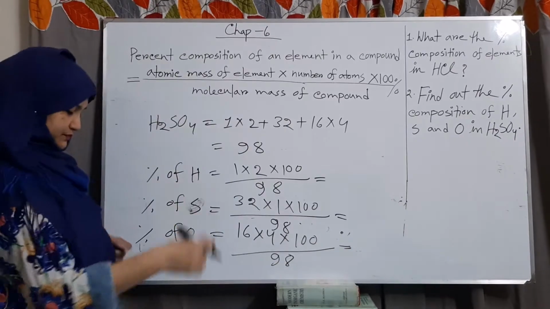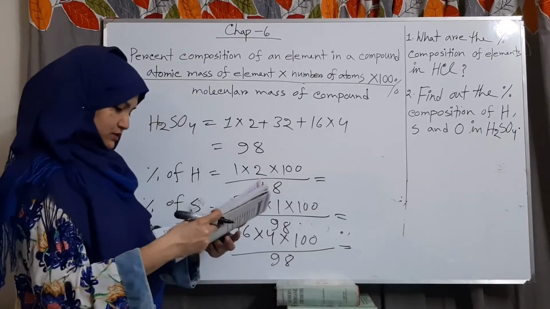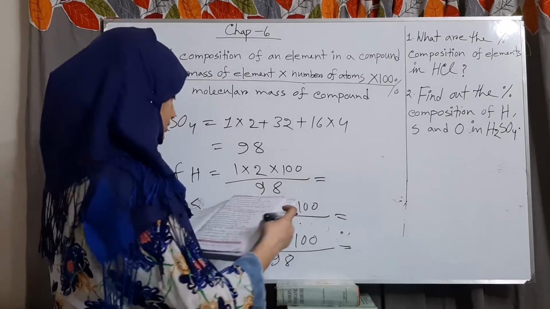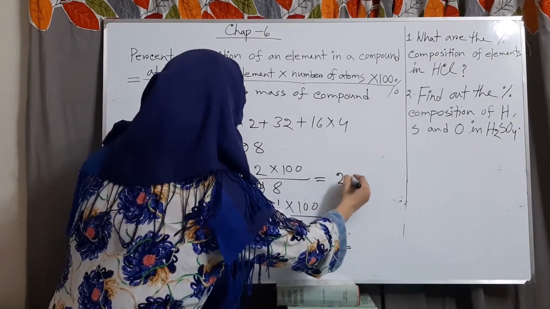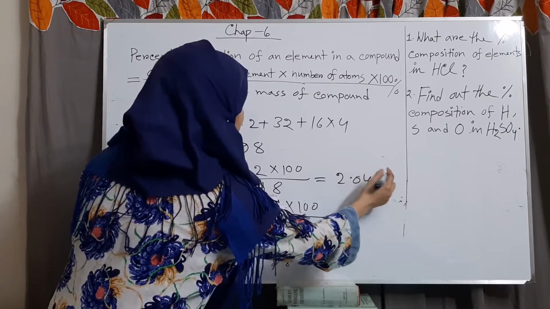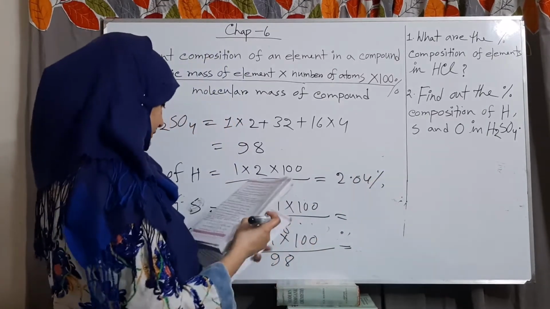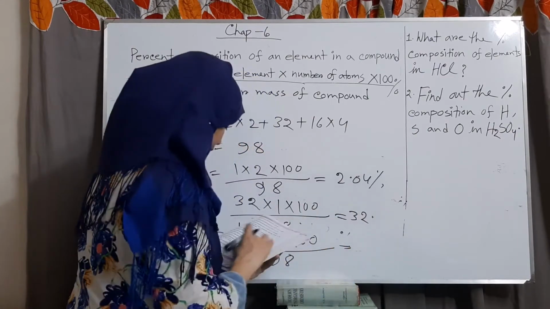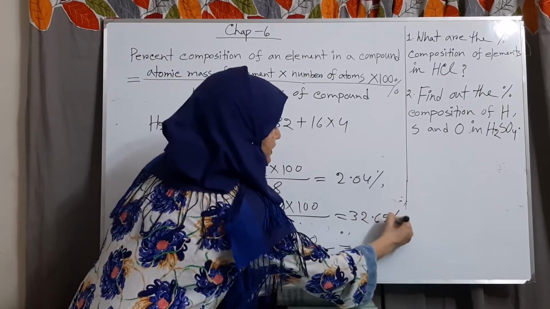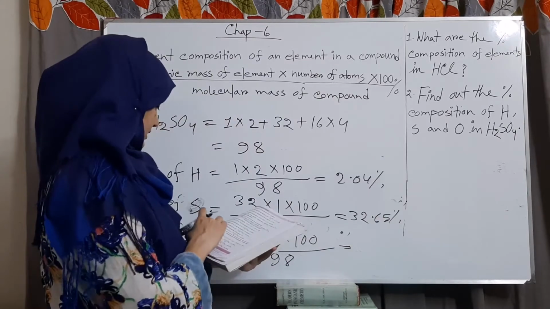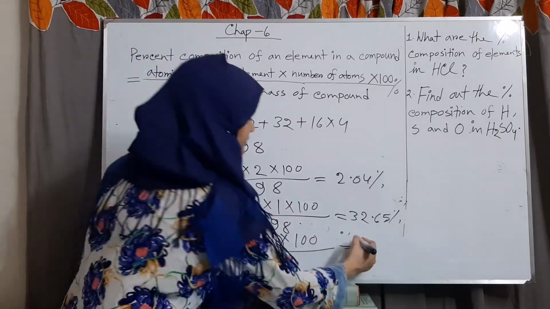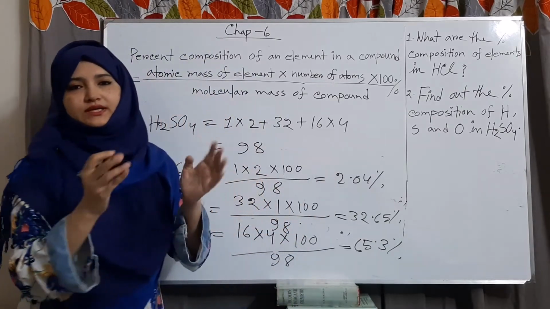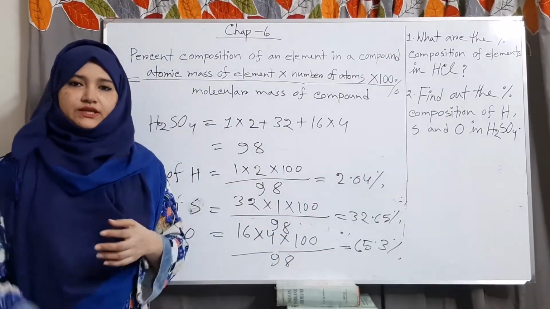This is also given in your book. The answer for hydrogen is 2.04%, sulfur is 32.65%, and oxygen is 65.3%. Very easy mathematical problem, very easy.